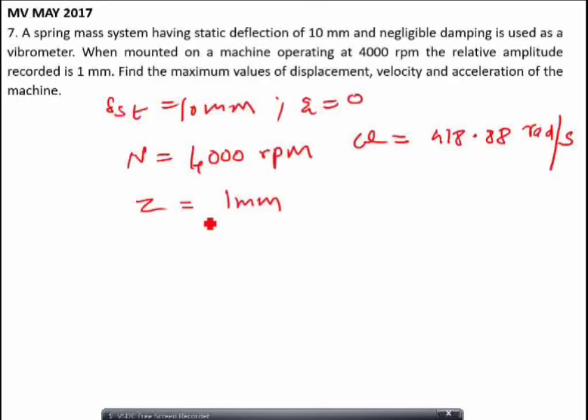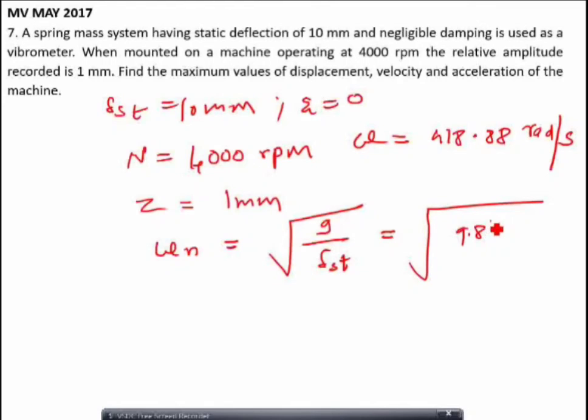Again same. First of all let us find omega n. What is omega n? Square root of g upon delta st. So this is another formula if delta st is given. So 9.81 upon 10 into 10 raised to minus 3; I will take it in meters, then you will get omega n in radian per second.